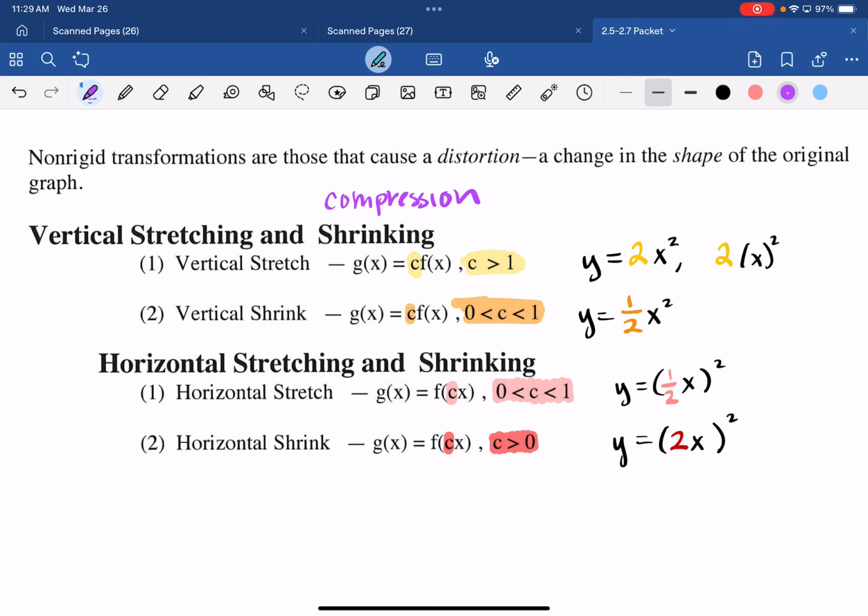So let me just backtrack for a second. When we talk about vertical stretches, notice my number is outside. When I talked about a vertical shift, where was my number? Outside, right? Back here.